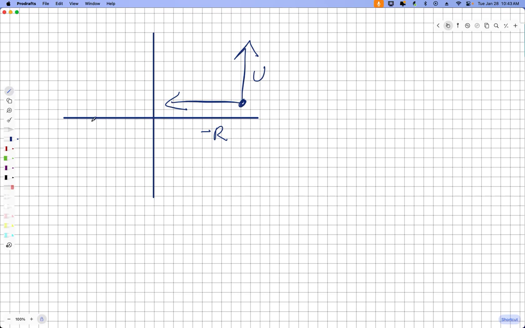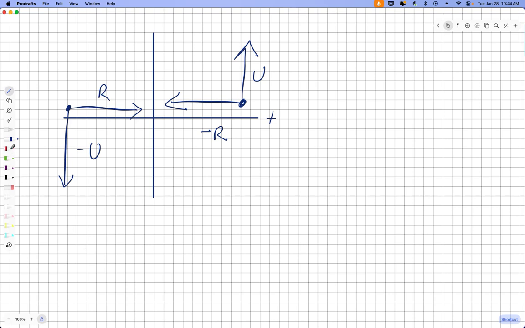And likewise, if you have a point anchored over here and it's pulling this way, then it's a positive R. It's going towards the positive side of the x-axis. And if it's pulling downward, even though it's on the positive side of the x-axis or the y-axis, it's going to be negative. Okay? That's what you got to remember.